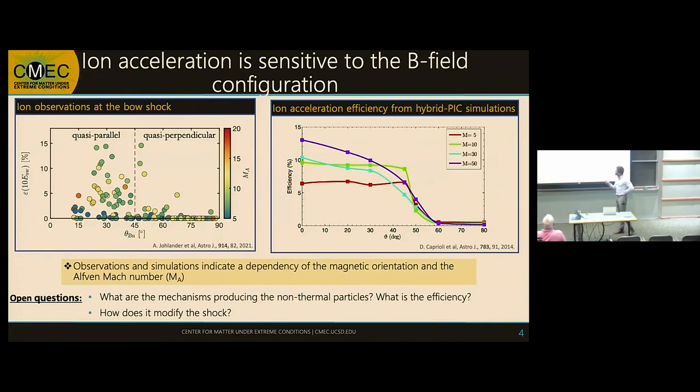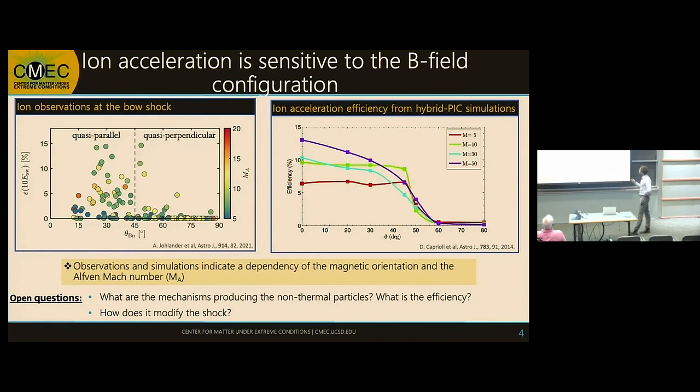It shows ions accelerated at bow shocks, the efficiency of producing non-thermal particles as a function of the orientation of the magnetic field and the Alfvén Mach number. What it shows is that we produce non-thermal particles more efficiently in the parallel configuration, below 45 degrees, and at a higher Alfvén Mach number.